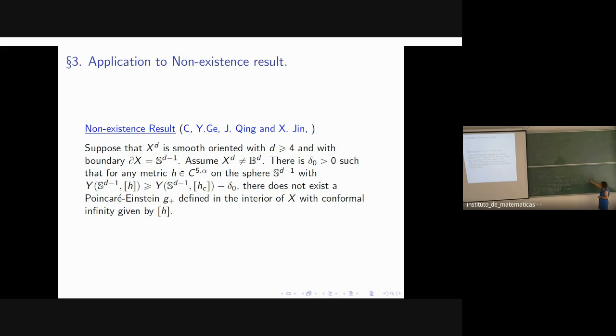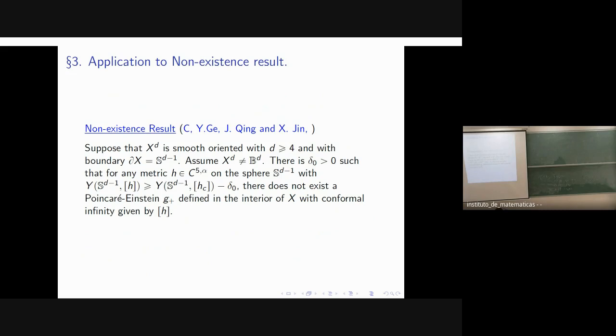But the non-existence theorem says, suppose this is not topologically the ball, there is no extension, because the compactness theorem tells you the limiting case has to be the ball.